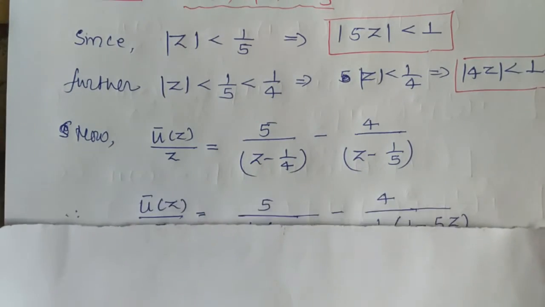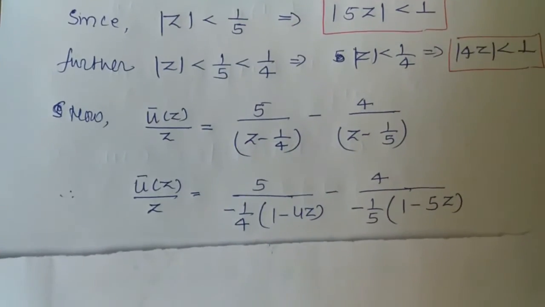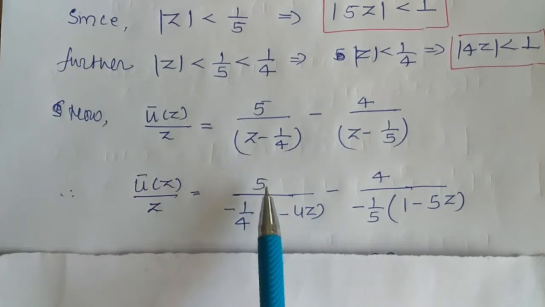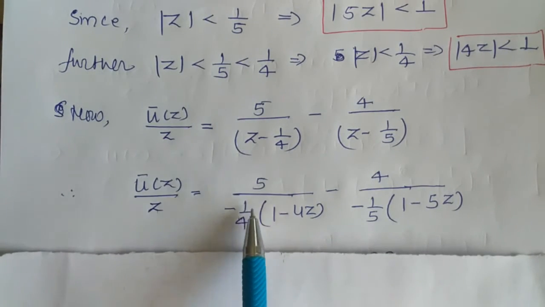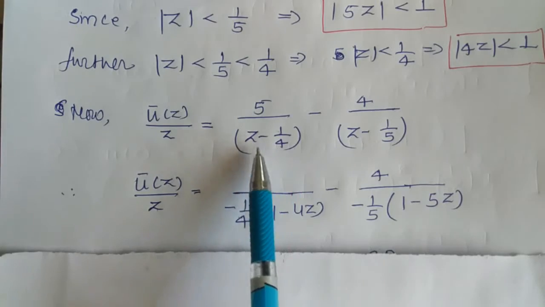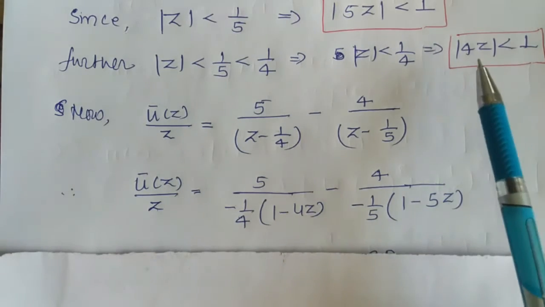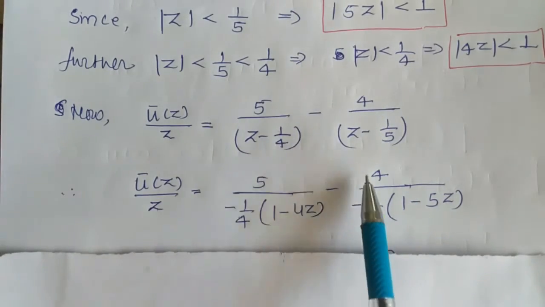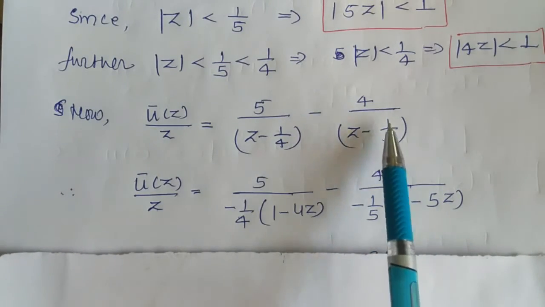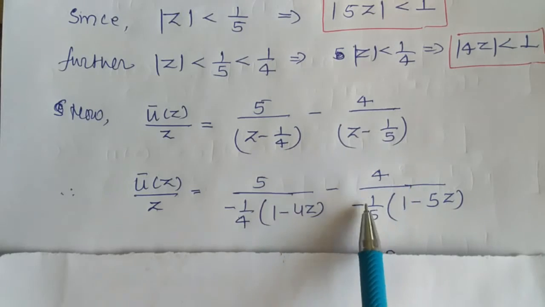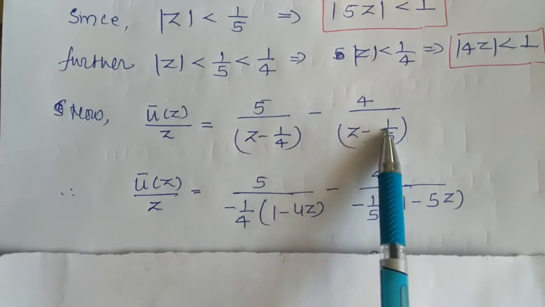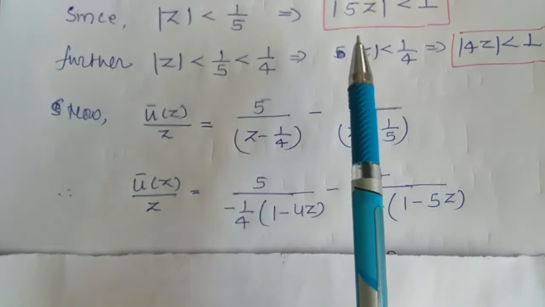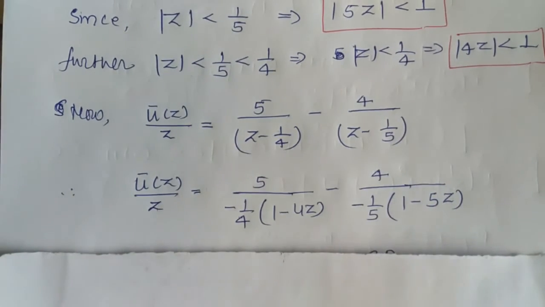So after taking common we get U bar(z) upon z is equal to 5 upon minus 1 by 4 common, then we have 1 minus 4z, because we have to expand in terms of 4z. And here, minus 4 upon, we take negative 1 by 5 common, then we have 1 minus 5z, as we have to expand in terms of 5z.